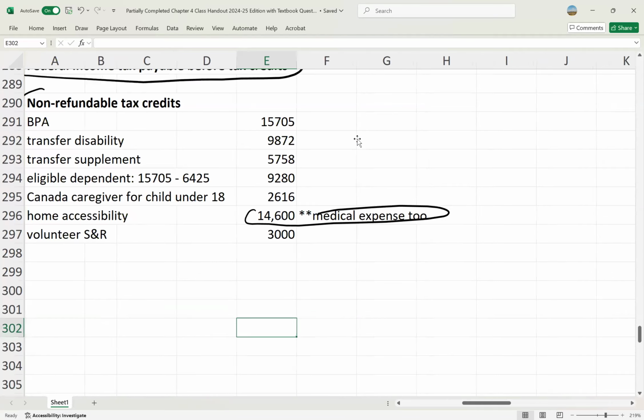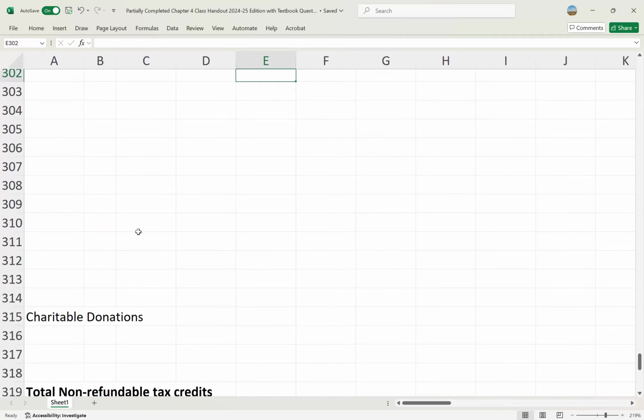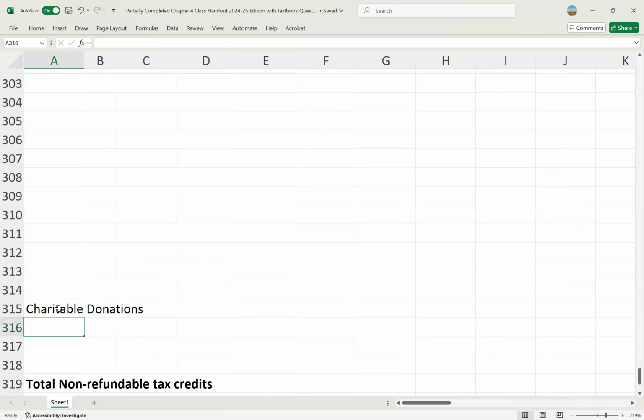We know that all these amounts, including the medical, will be at 15%. But the charitable donations is going to be a separate calculation because some will be at 15%. Remember the first 200? Some might be at 29, some could be at 33. But we know that the total charitable donations are 3,500.